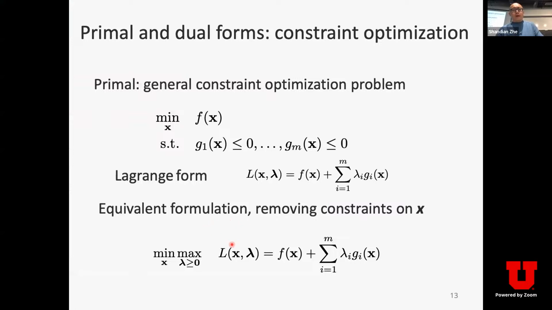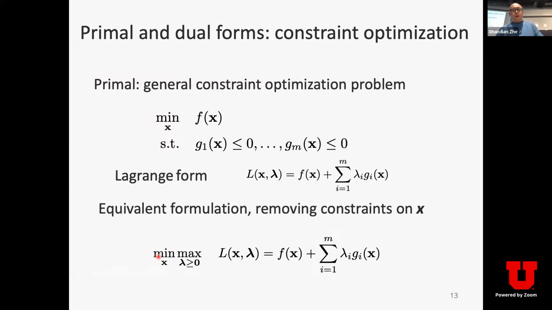If we try to solve this minimax optimization problem over the Lagrange function, in the inner level we maximize the Lagrange function with respect to non-negative multipliers, while in the outer level I minimize the Lagrange function with respect to x.